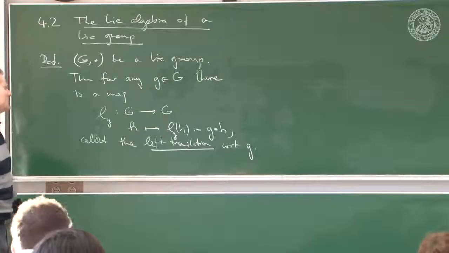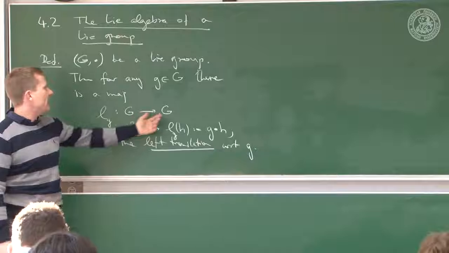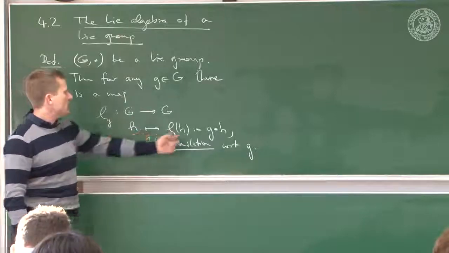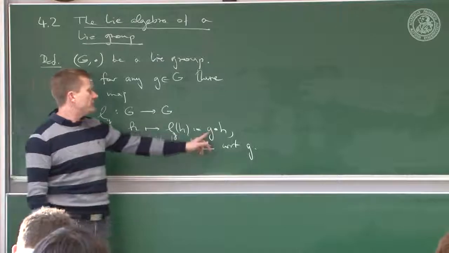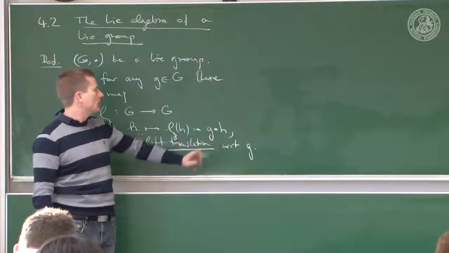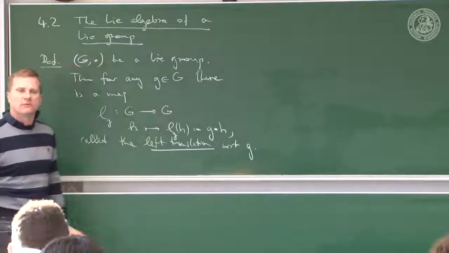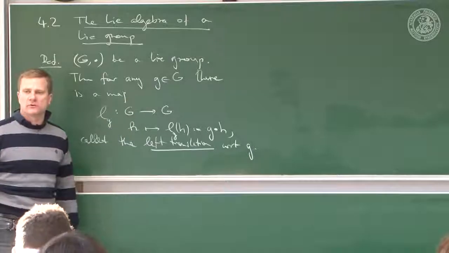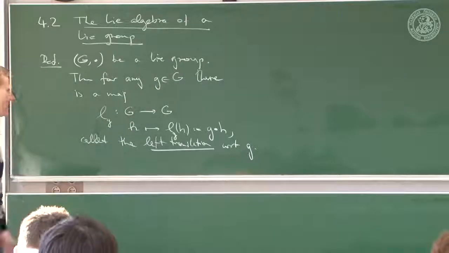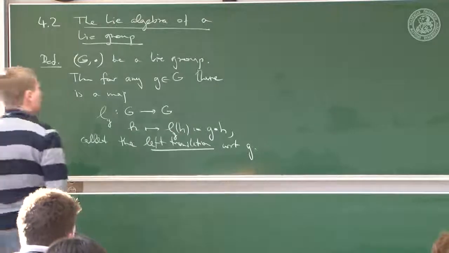Aha. So you see, again, it doesn't seem worth the effort to define such a guy, because we had this wonderful blob map, and all it says is fix the first factor of the blob map and see how it acts on any other element in the group. But this is a map from the smooth manifold into itself, and we're going to use this left translation map.